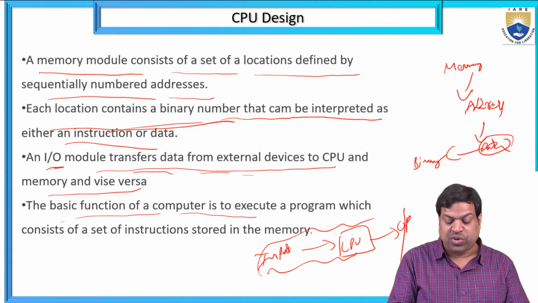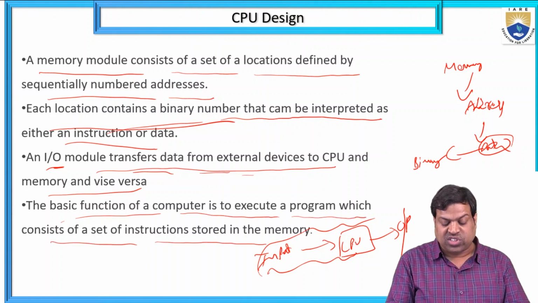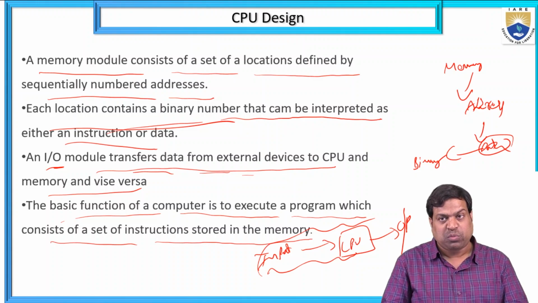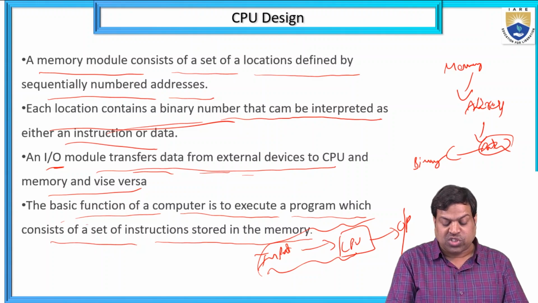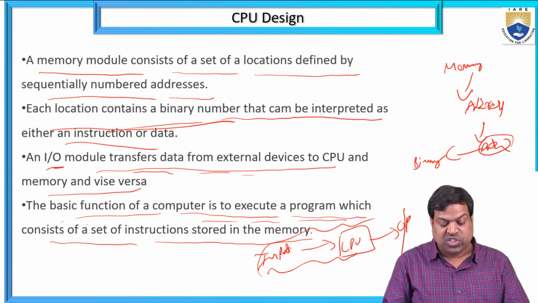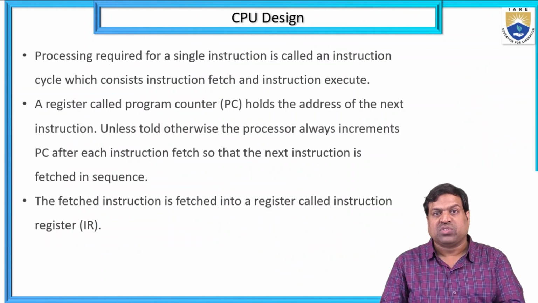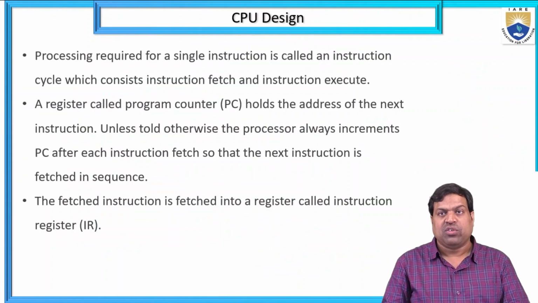The basic function of a computer is to execute a program which consists of a set of instructions stored in the memory. A set of instructions is a microprogram. The processing required for a single instruction is called an instruction cycle, which consists of instruction fetch and instruction execute.